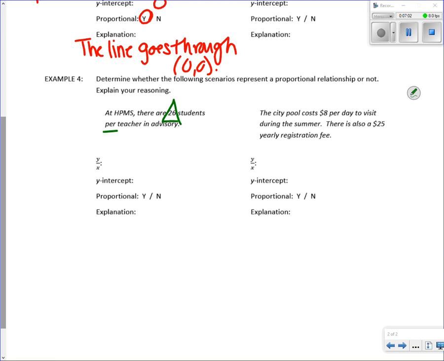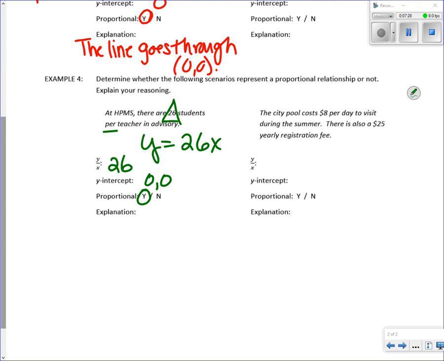So our equation is going to be y equals 26x. So we know our slope, which is change in y over change in x, is 26. That means for every teacher, there's going to be 26 more students. Our y-intercept is 0, 0, because if there's 0 teachers, there's 0 students. It is proportional because it goes through 0, 0.